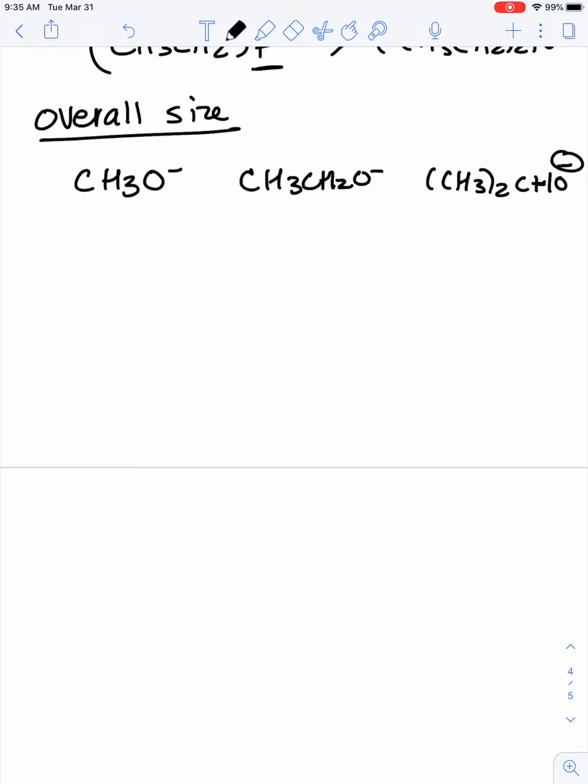Looking at all of these compounds, this would be the best nucleophile just because it's less hindered. So as we add bulk to the nucleophile, that is going to decrease the strength.